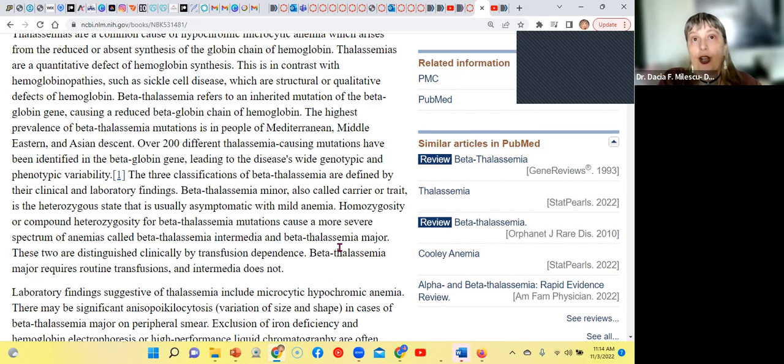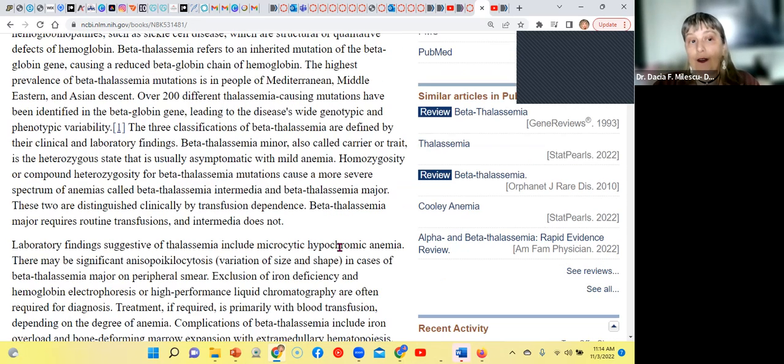In other words, the root causes are many in terms of the genetic mutations, but all roads lead to one, beta thalassemia major. And phenotypic variability, meaning how it expresses itself physically, okay? The three classifications of beta thalassemia are always defined based on the clinical as well as lab findings.